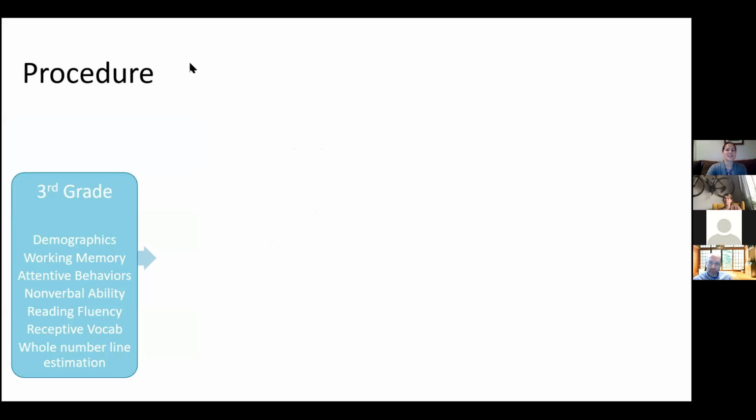So the procedure was that we actually started the study in 3rd grade. Here we assessed demographics, working memory, attentive behaviors, nonverbal memory, reading fluency, receptive vocabulary, and whole number line estimation. I will talk about some of them briefly later, but really what you want to know is that we assessed all those background factors in 3rd grade.